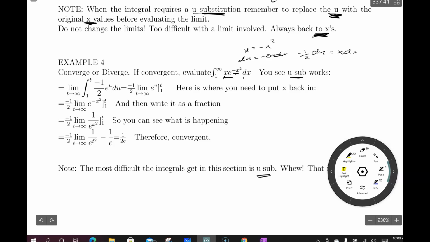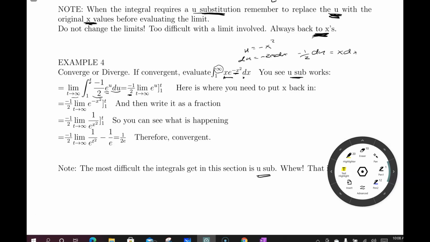So x dx is taken care of with negative 1/2 du, and I'd get e to the u. Then I'm rewriting so I don't have an infinity anymore. I put the t here, and t is going to infinity. Then I take the antiderivative of e to the u, which is e to the u, and I'm allowed to pull that negative 1/2 all the way to the outside.